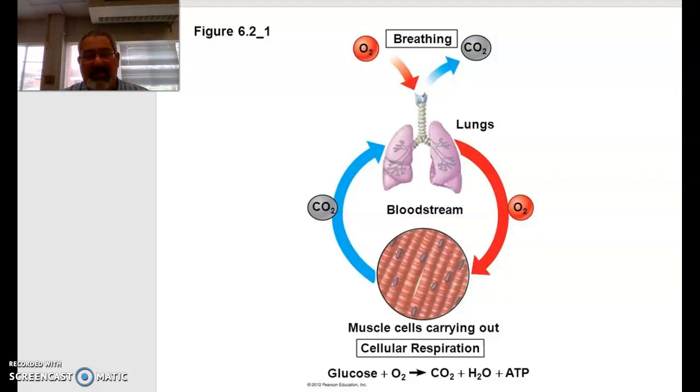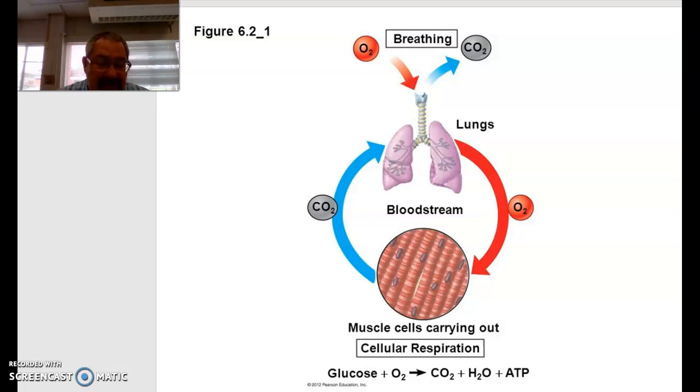Think of the process of respiration that's very important inside the human body. So you have the inhalation cycle that takes in oxygen from the air around us, takes it to the lungs, it diffuses into the bloodstream, travels about in arteries to various places in the body that need oxygen to carry out the oxidation of glucose.